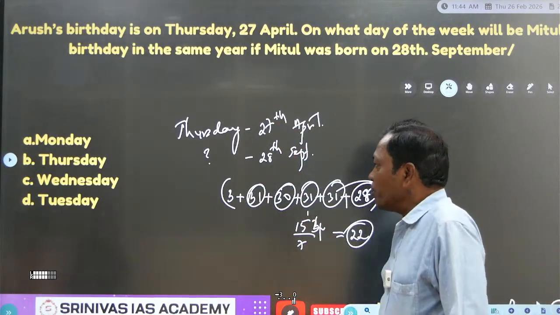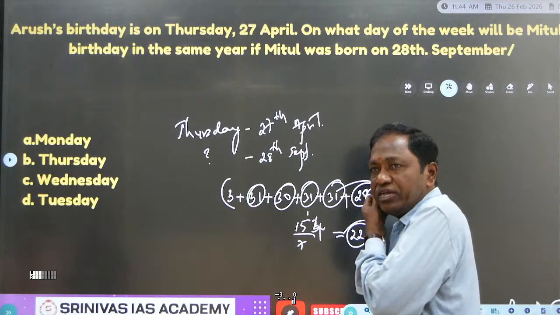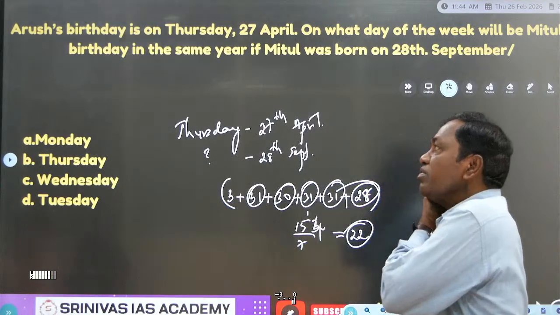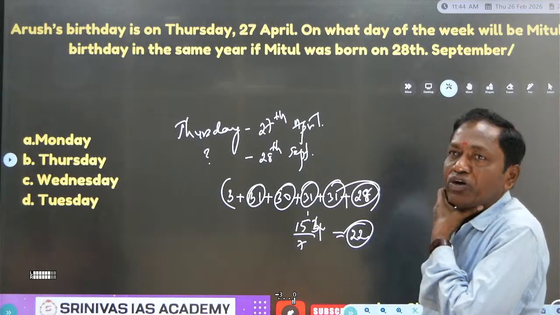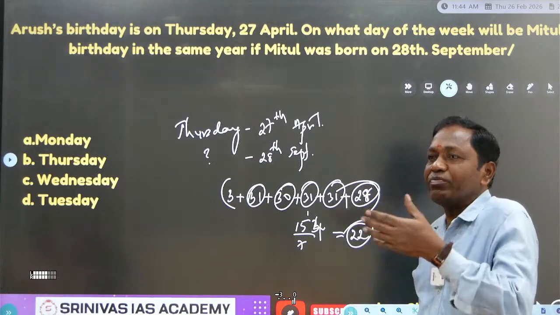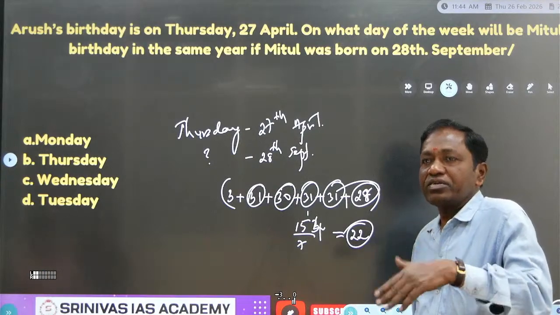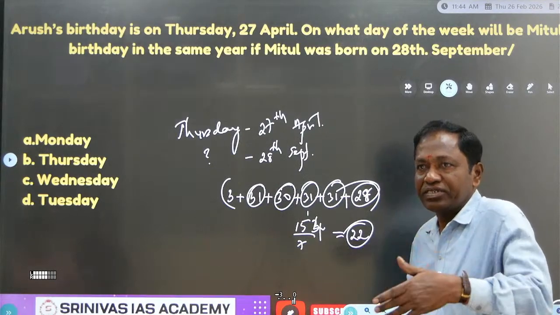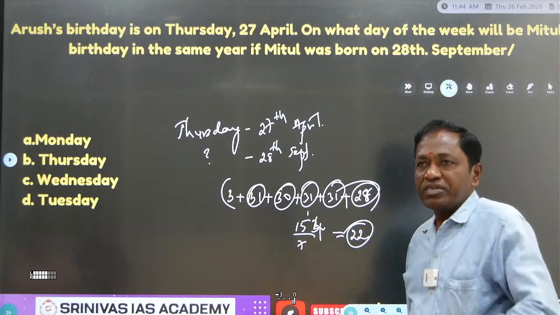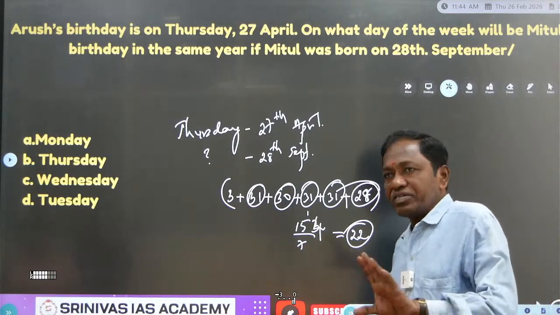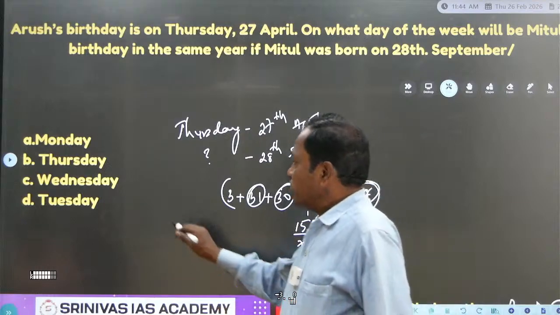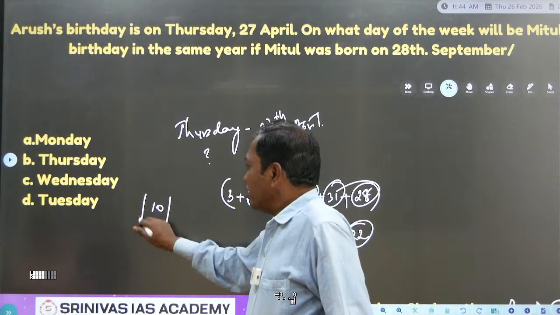Again, this is a very lengthy process. You can reduce it. For example, if I say I will come and meet you on the 10th day, which day will it be?